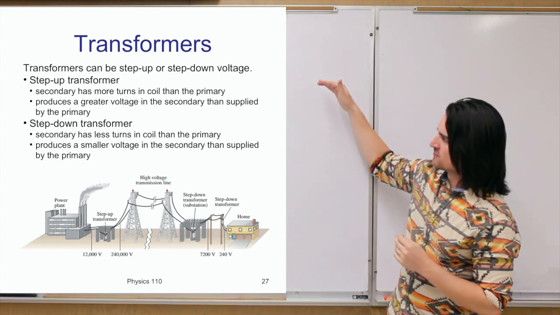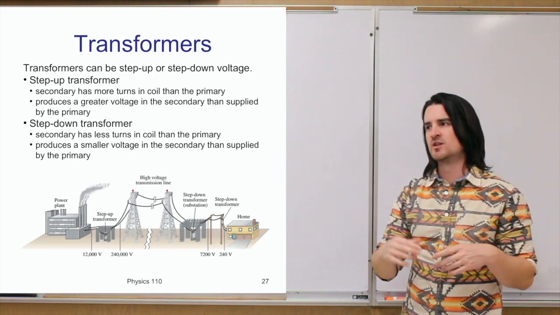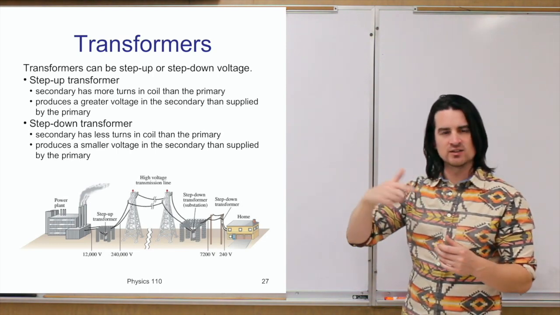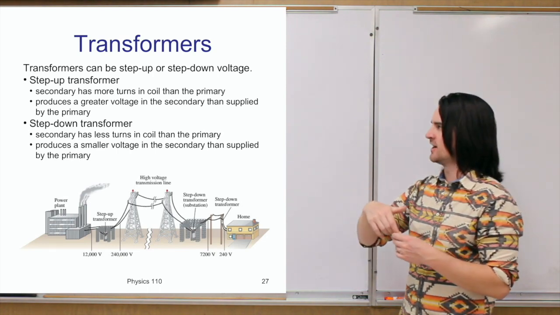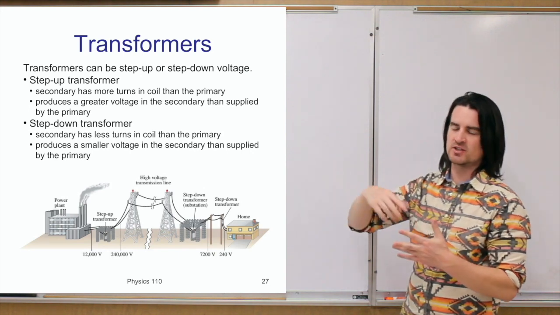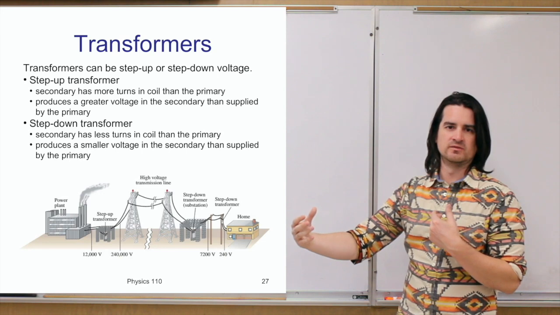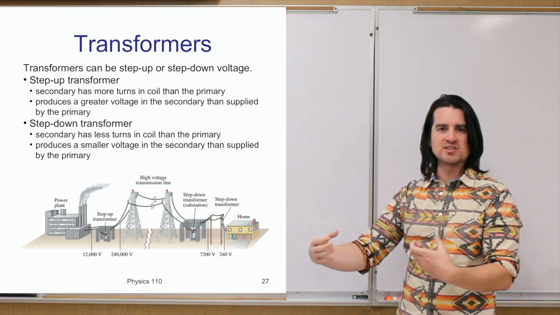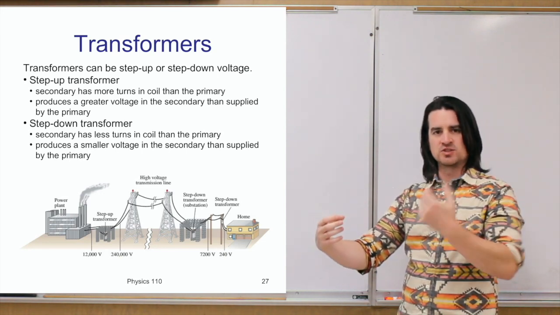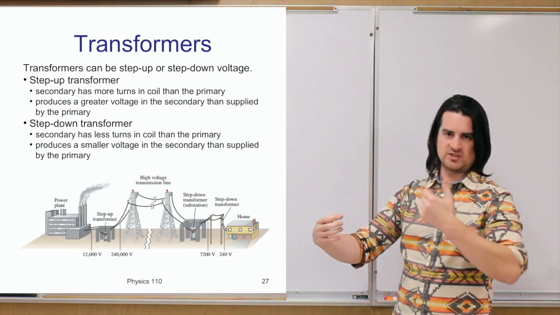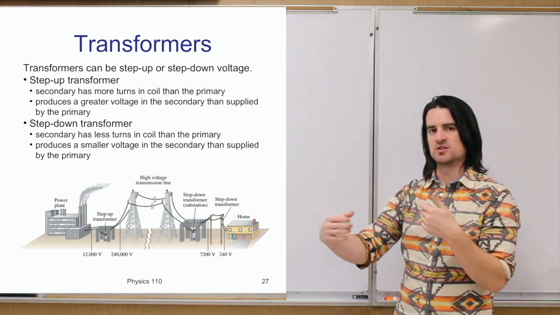So in a step up transformer, all you really need to do is have more loops in the second coil, the secondary coil, than you did in the first one. We don't need to go into the details, but the result of that is that the voltage you get out of the secondary coil will be higher than the voltage in the first one.